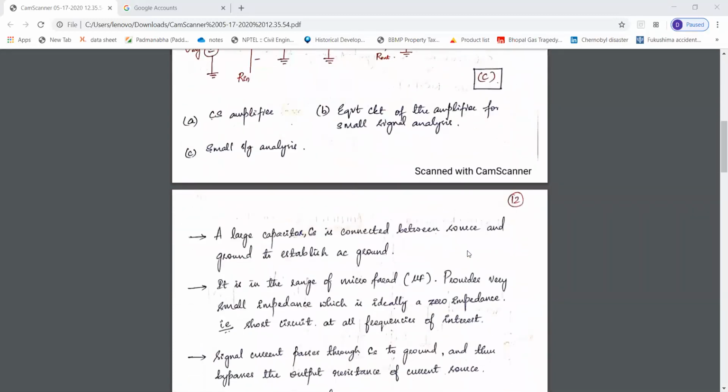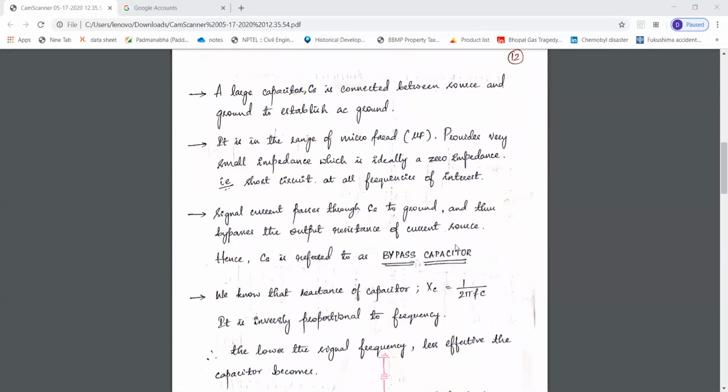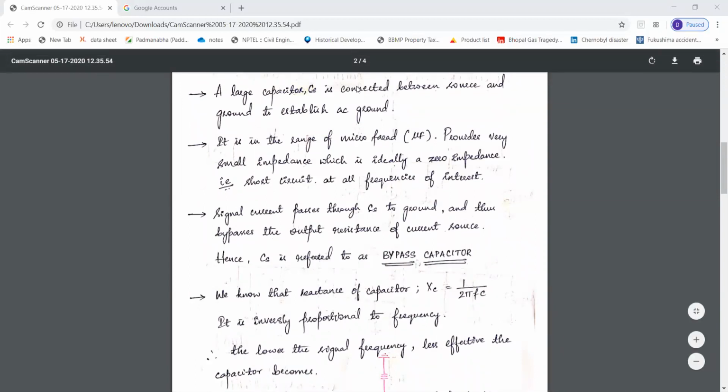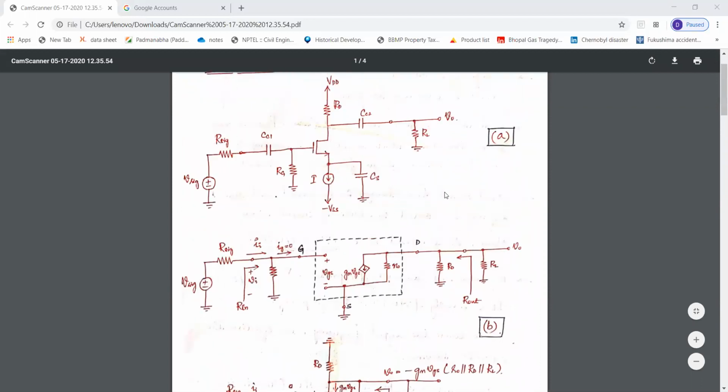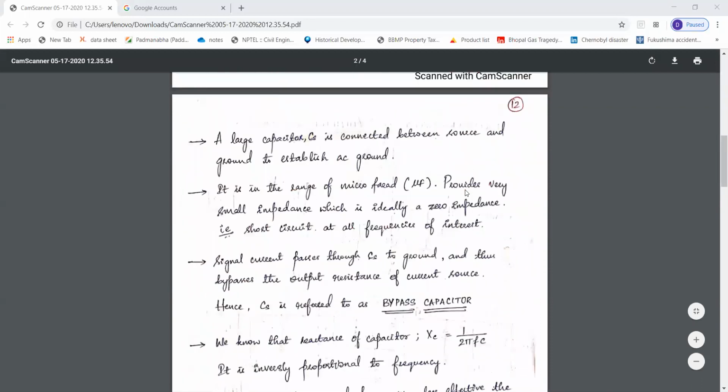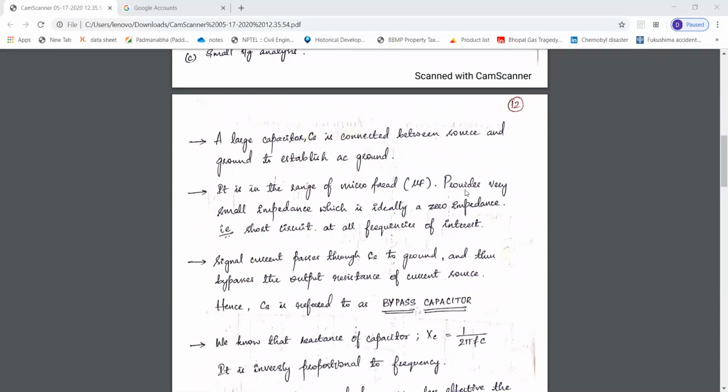And as I mentioned earlier, this capacitance CS, which is connected between the source and the ground terminal, is of very large value in the range of microfarad.